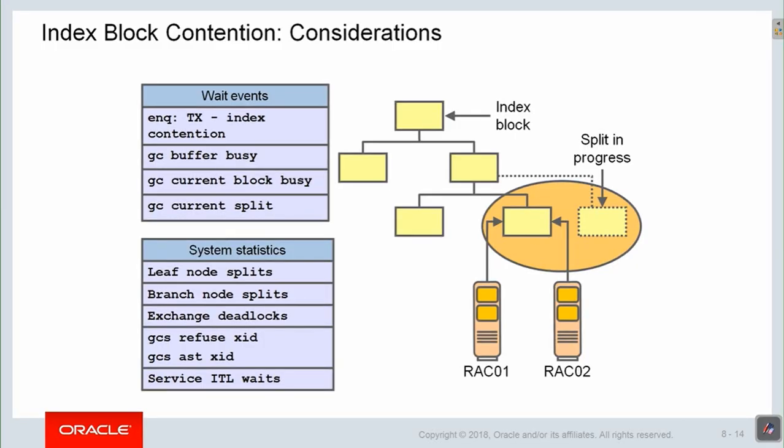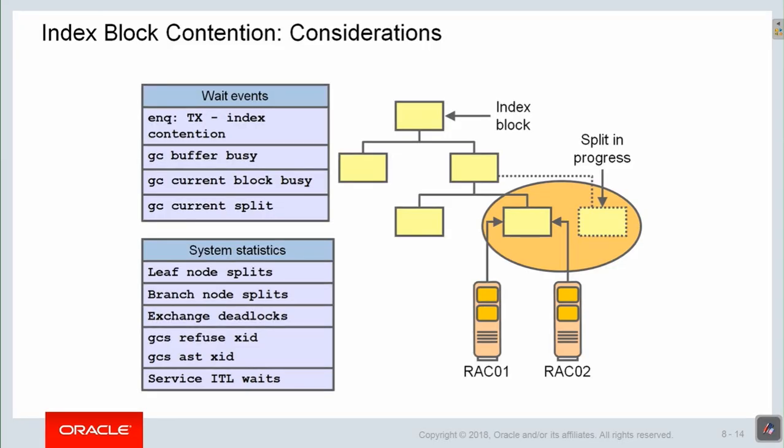But if these indexes are really used by your queries, then you may want to use a hash function and hash partitioning to spread your index key across the leaf blocks. Or you may want to use a reverse key index, which can resolve index contention. However, you have some limitation of range scanning.